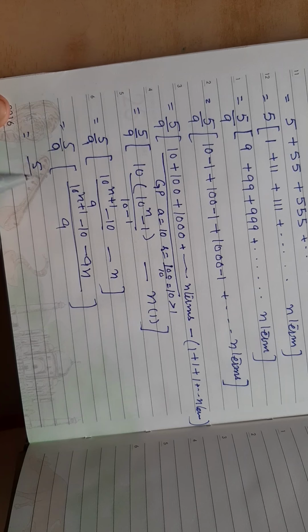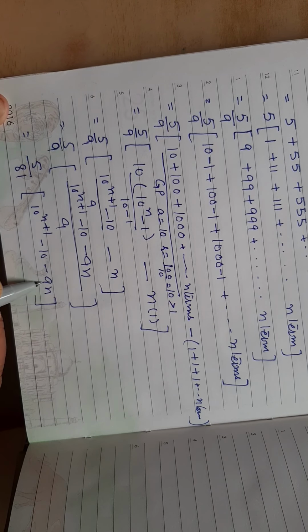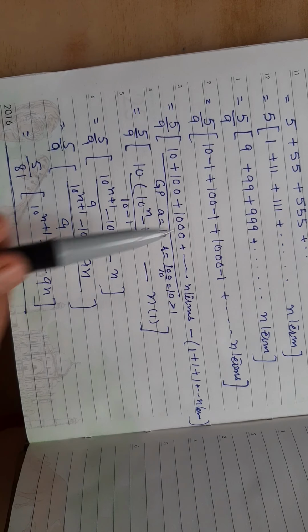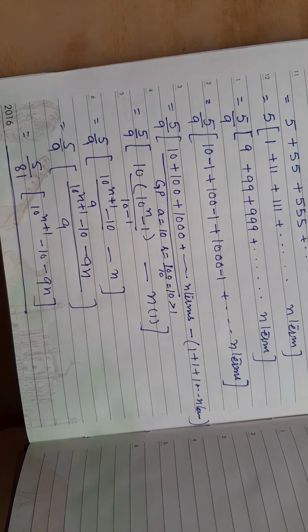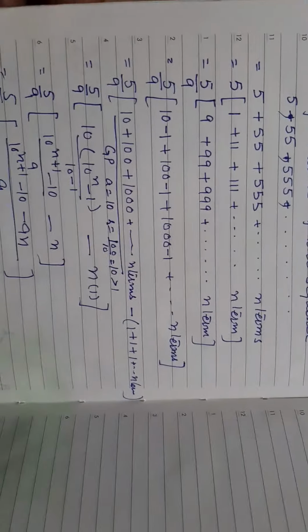Finally the answer is 5 upon 81 into 10 raised to power n plus 1 minus 10 minus 9n. This is the complete answer of this question. You can do the same type of questions, for example 8, 88, 888 and so on. This is the method for finding the sum of n terms where the given sequence is neither AP nor GP.